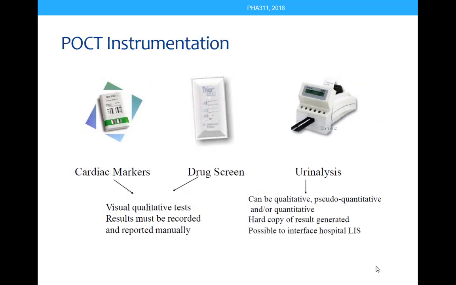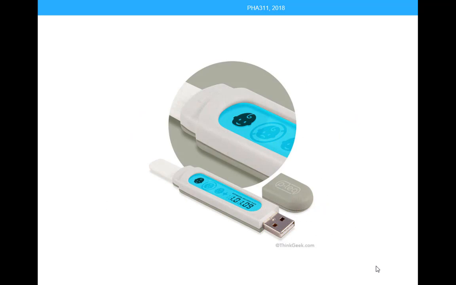Okay, so things like cardiac markers, drug screens, urinalysis, these are certain things which can be tested at the point of care. Okay, and even USB powered devices can be used for point of care testing at a personal level.